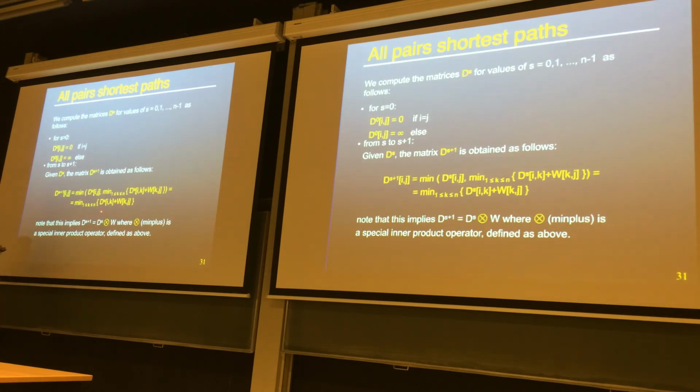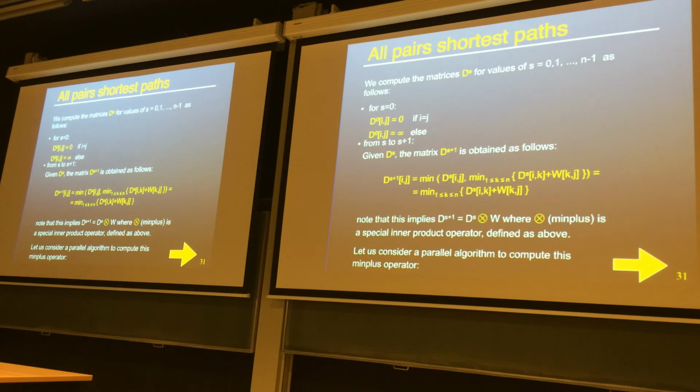For every k, here we have a sum, DSIK plus WKJ. If you have all these entries and you take the minimum, there is only one. So it is a special form of inner product operator.